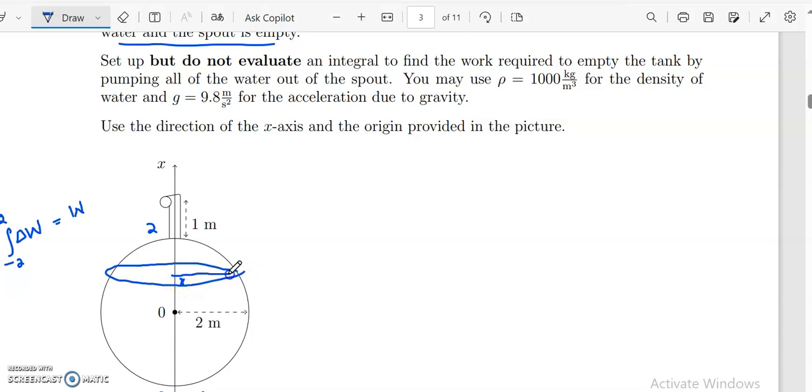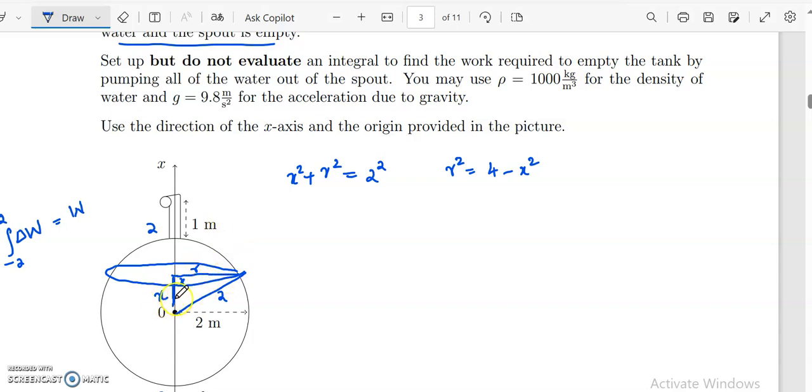So here we'll get a cylindrical slice. So let this distance be r, and this distance will be x, and this will be equal to 2. So by Pythagoras theorem, x square plus r square will be equal to 2 square. So we can write r square equal to 4 minus x square.